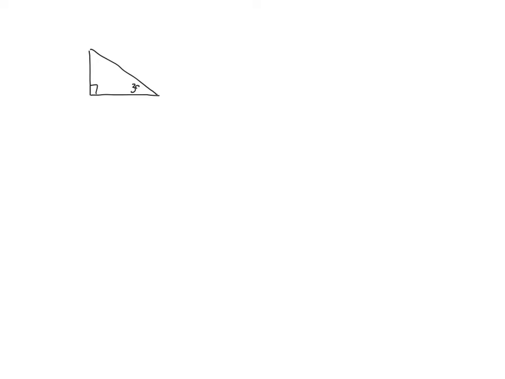What if this one was 38 degrees? With special right triangles, you just need one side, and then you know what the angles are. When they're not 30, 60, or 45, like 38 on this one, we have to use right triangle trigonometry. So I would just say tangent of 38 degrees equals x over 8.